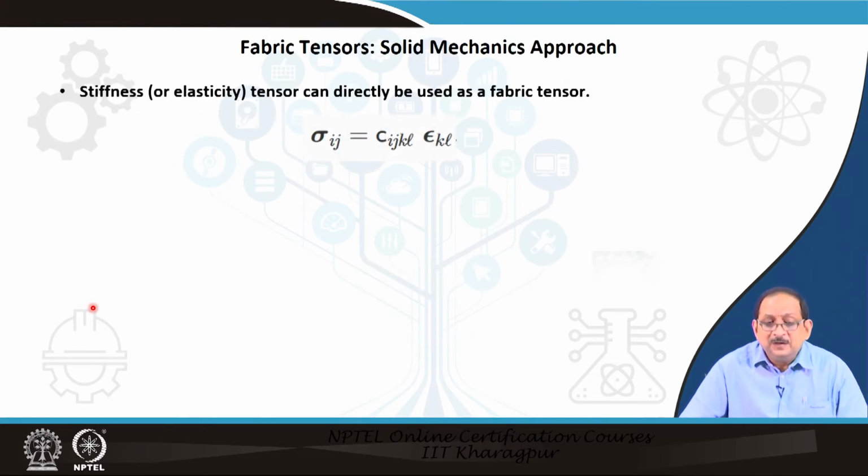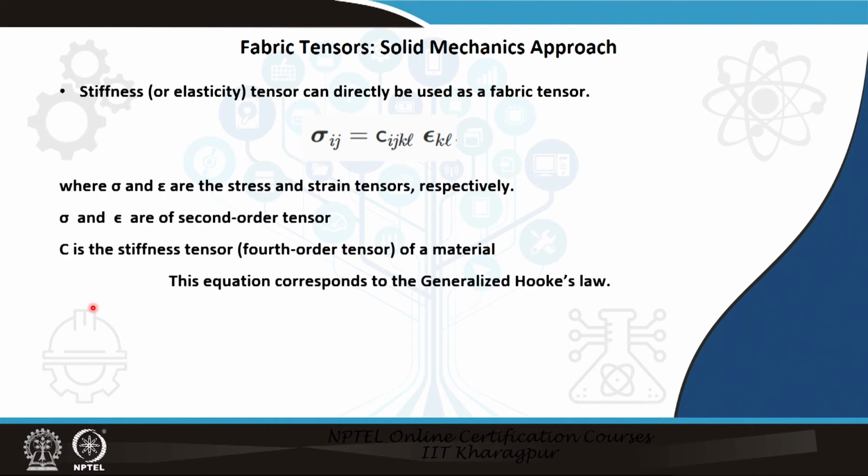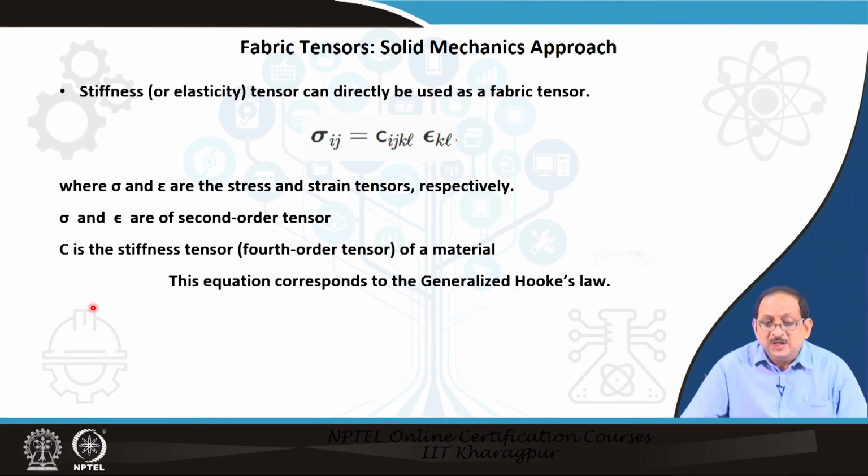Let us consider the stiffness tensor, which can directly be used as a fabric tensor. You can see the expression. In this expression, sigma and epsilon are the stress and strain tensors respectively.